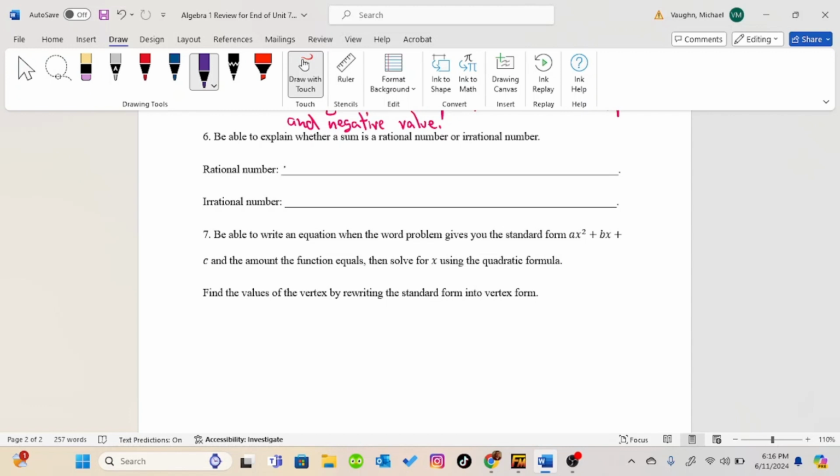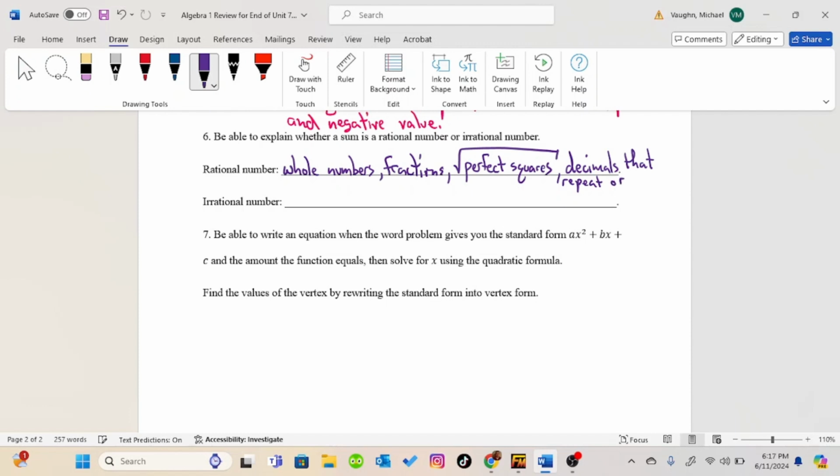Rational numbers are whole numbers, fractions, square roots of perfect squares, and decimals that repeat or end.